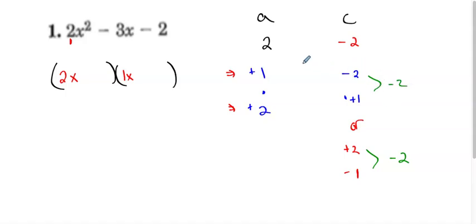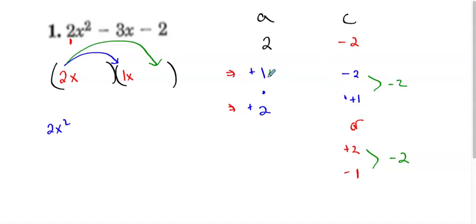I need the product of my A terms and my C terms to add up to negative 3. Let me show you what I mean. If I take positive 1, so if this is my 2, right? 2 times 1 is going to give me 2x times 1x, which gives me 2x squared. If I were to continue FOILing this, I'm going to have 2x times whatever number goes there.